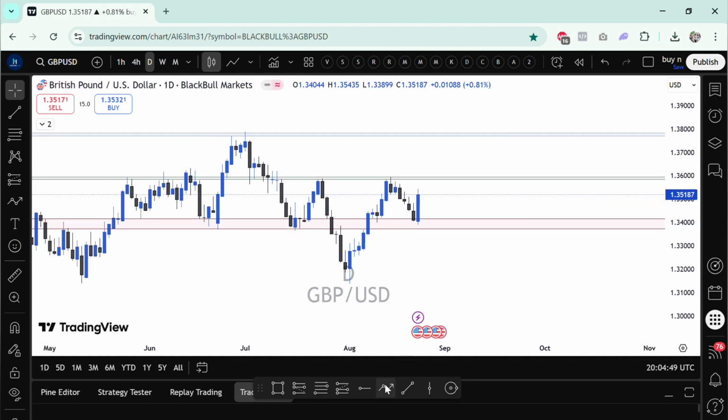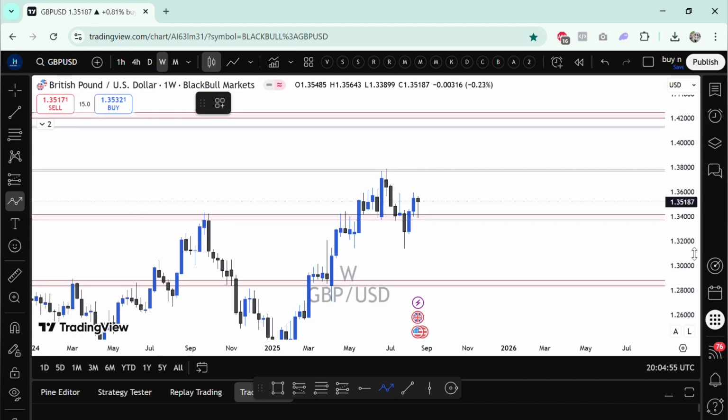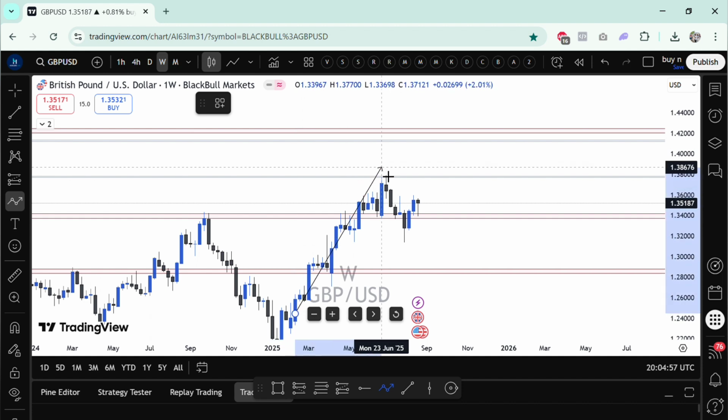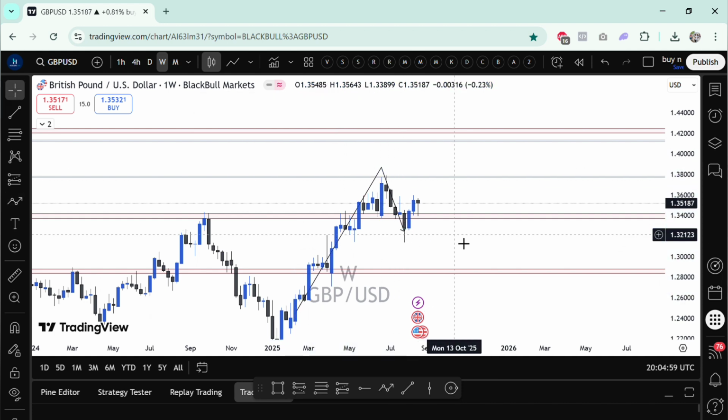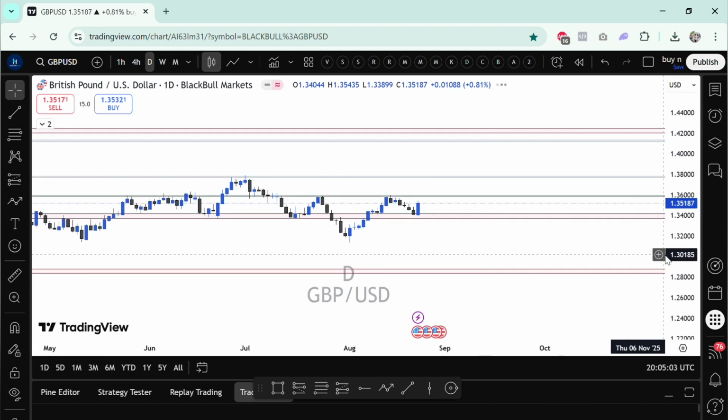Initially, price was in a downtrend. When we went to the weekly time frame, we saw this big push, and then this exhaustion. This exhaustion on the weekly time frame was this downtrend on the daily time frame.